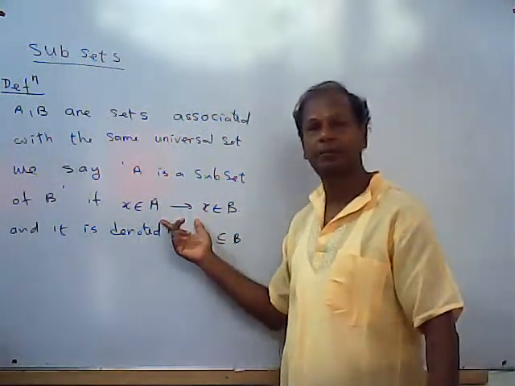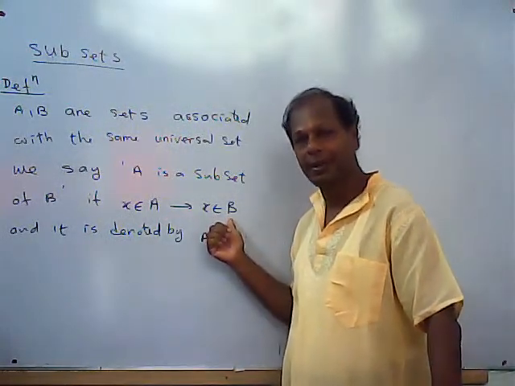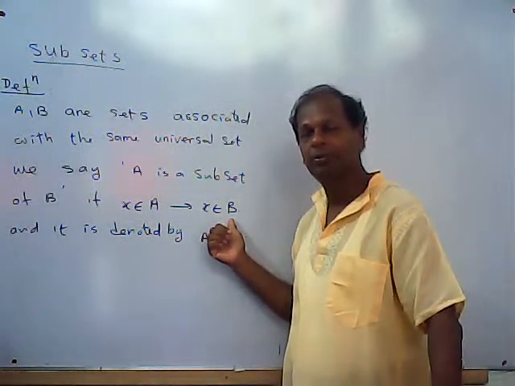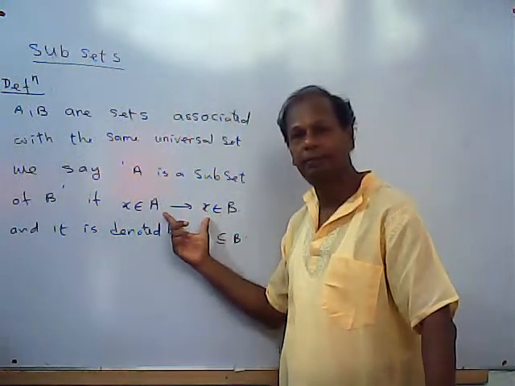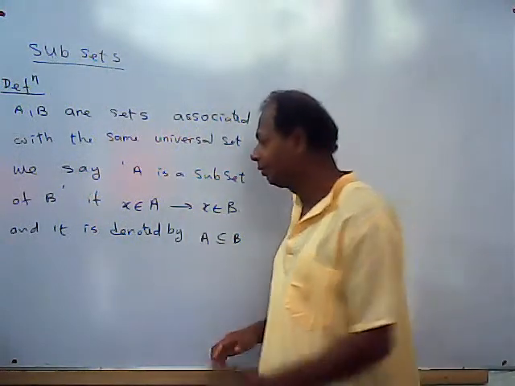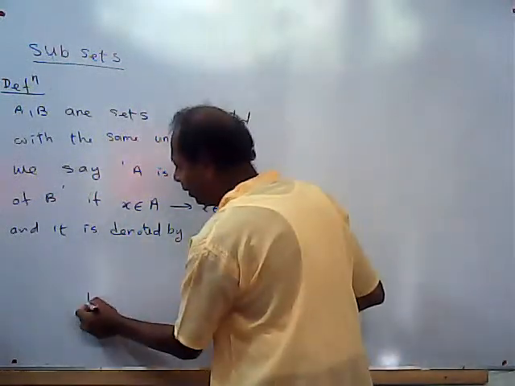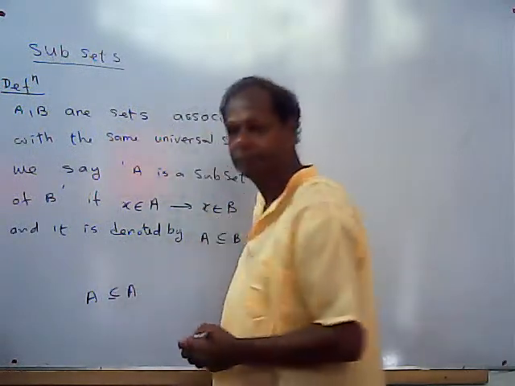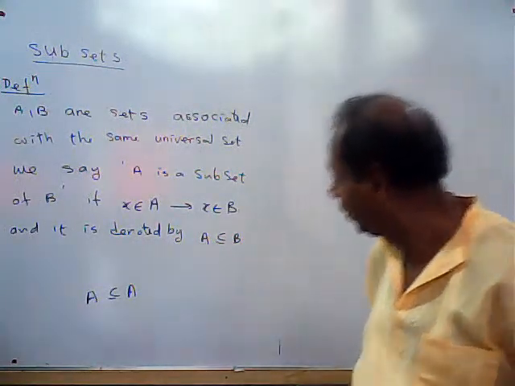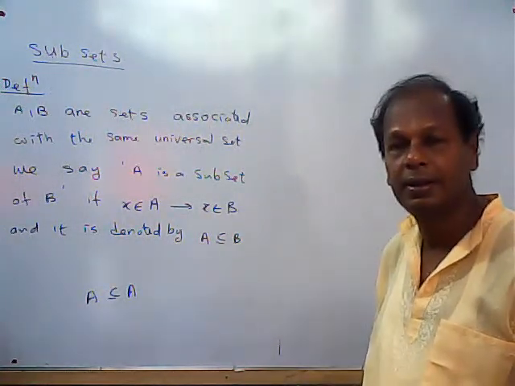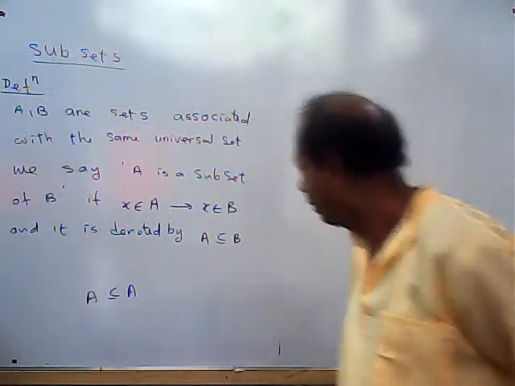Now look at this definition. But if B is also A, B is the same as A, won't this still be valid? In other words, under this definition, can't you say A is a subset of A?